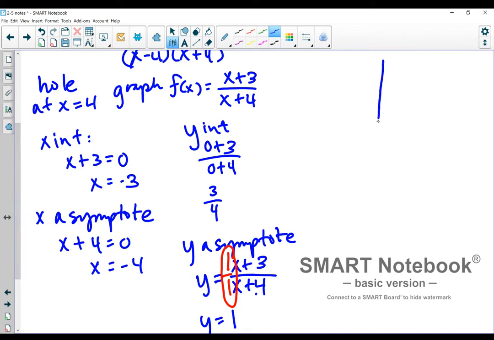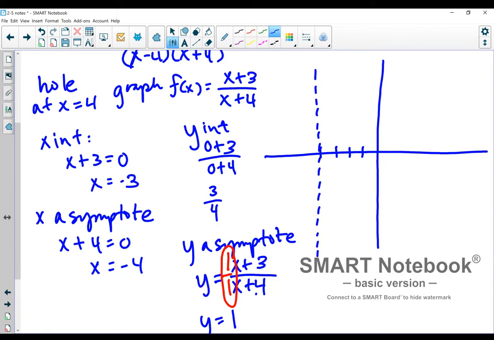Now we're going to put it all together again. I need a -3 as my intercept. -4 would be my asymptote. And y equals 1 is my horizontal asymptote.